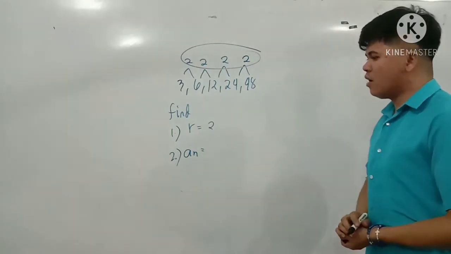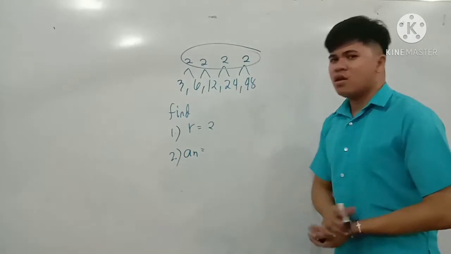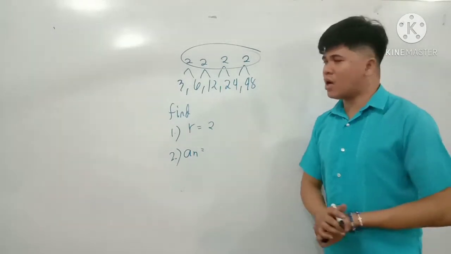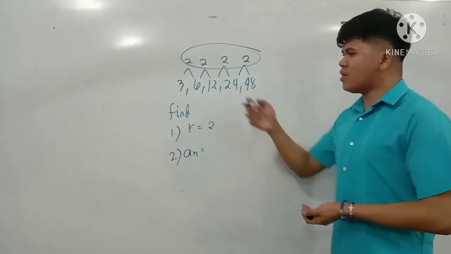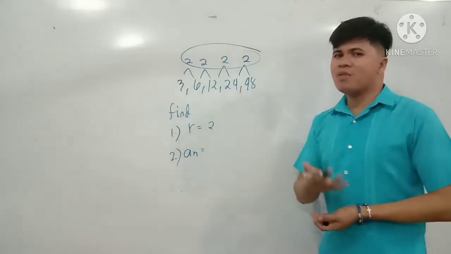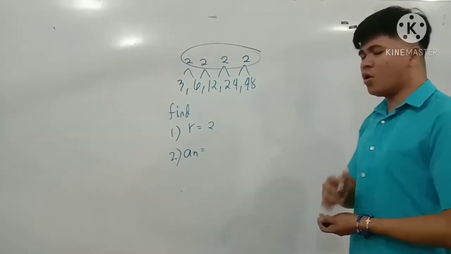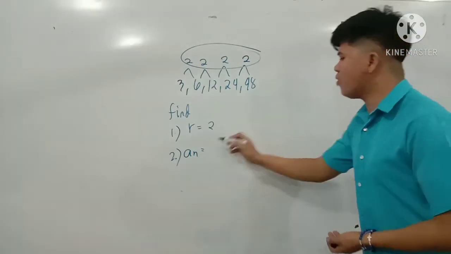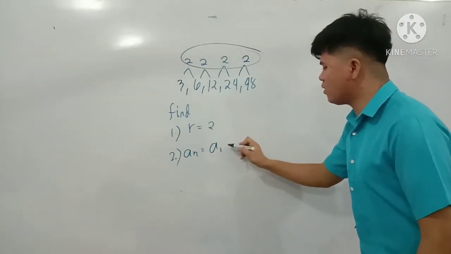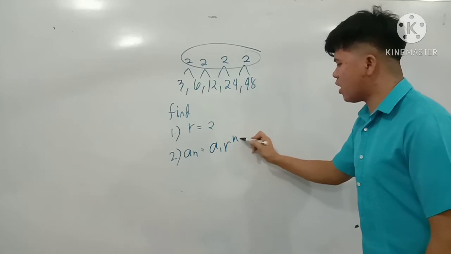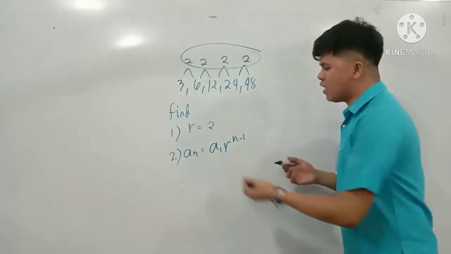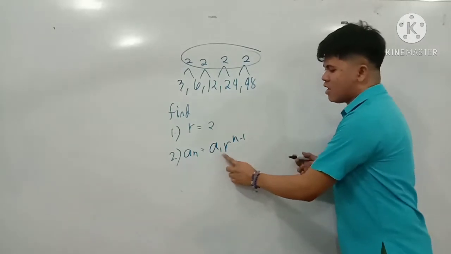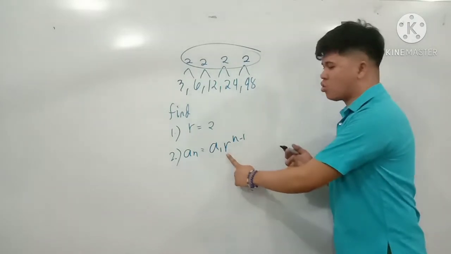Simple as that. But how about getting the general term or the general formula of this given sequence? Again, in order to find the general formula, we simply follow the given format, which is a sub 1 times r raised to n minus 1. So we simply substitute the value of the first term and then the common ratio.